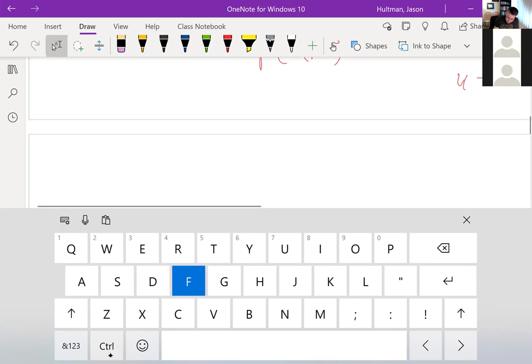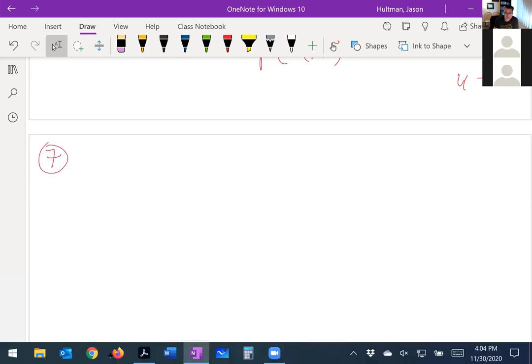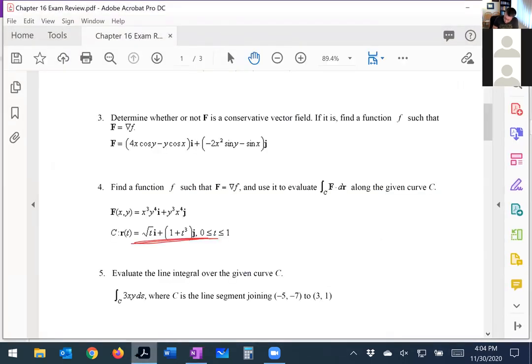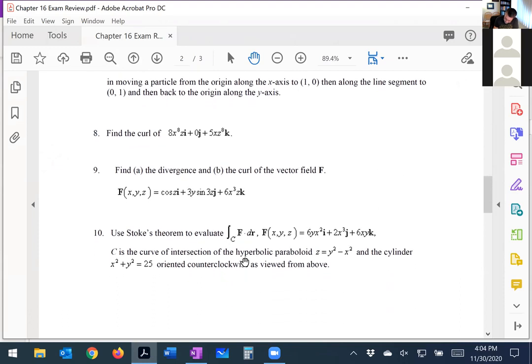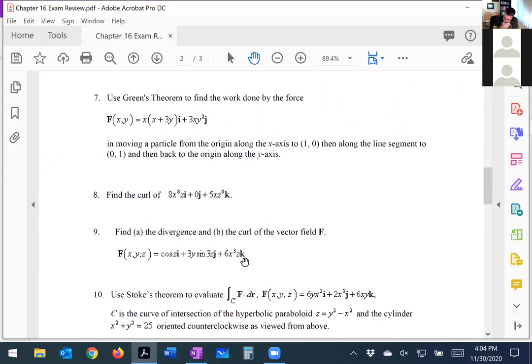Okay, number 7. Use Green's theorem to find the work done by the force moving a particle from the origin along the x-axis to 0, 1, and then along a segment to 1, 0, and then back to the origin.